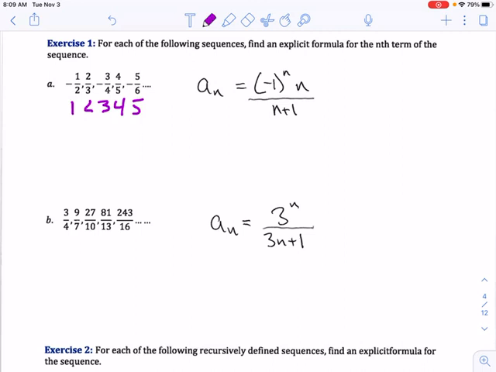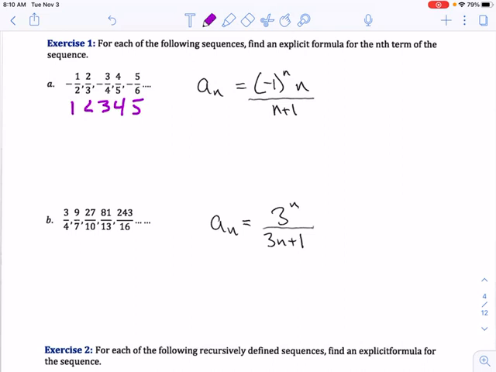That gives me a clue as to the relationship between n, which is the input number, and the term of the sequence, which is the output number. Because remember, a sequence is a function, where the inputs are the natural numbers, in this case 1, 2, 3, 4, 5, etc. And the outputs are -1/2, 2/3, -3/4, 4/5, etc.